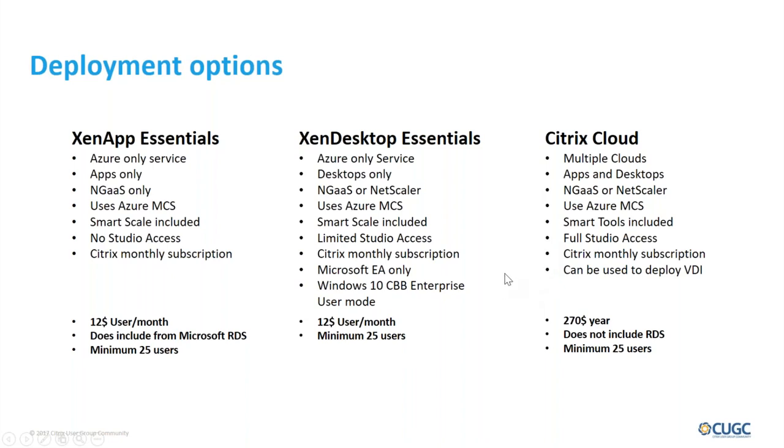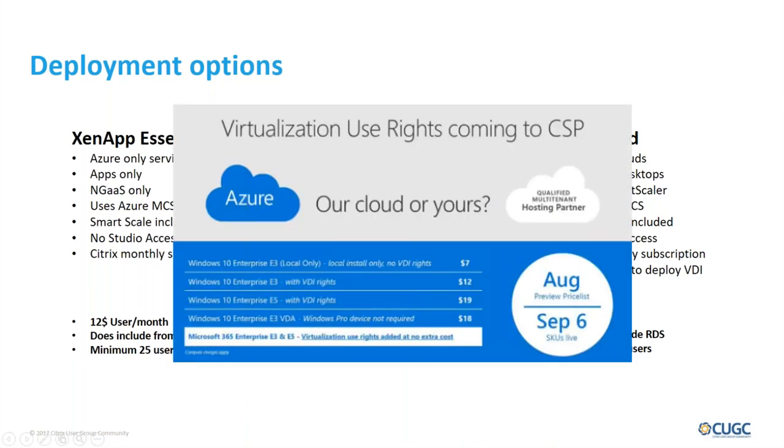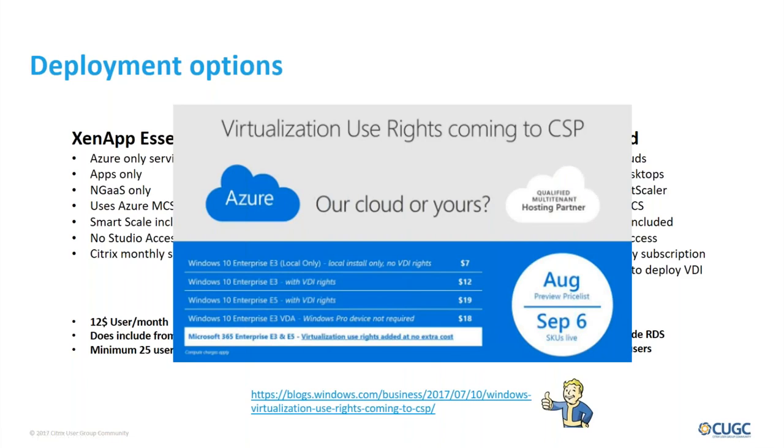But there's a recent announcement that was made by Microsoft. As I mentioned, the limitation for Windows 10 running in Azure is based upon the customer having an EA agreement with Microsoft. But I think it was a week ago that Microsoft announced that you will soon be able to use Windows 10 for VDI from a multi-tenant hosting provider or in Azure, as long as you are using Windows 10 with VDI rights.